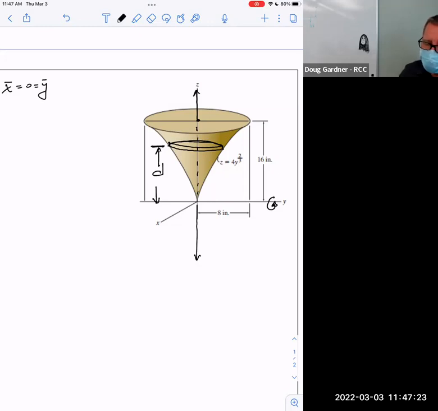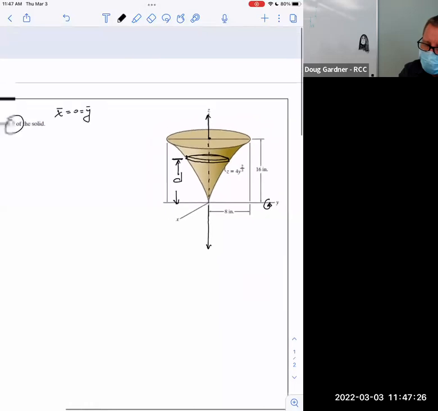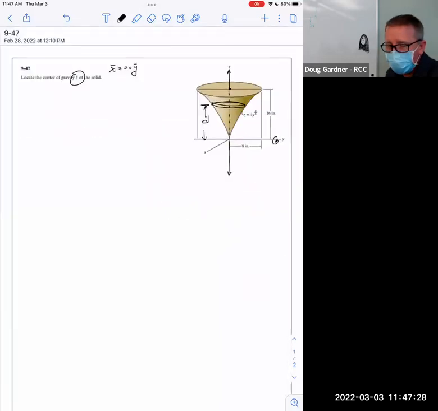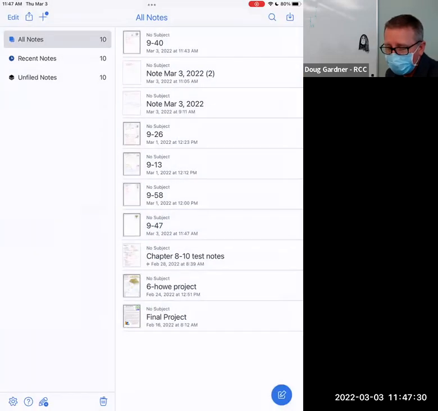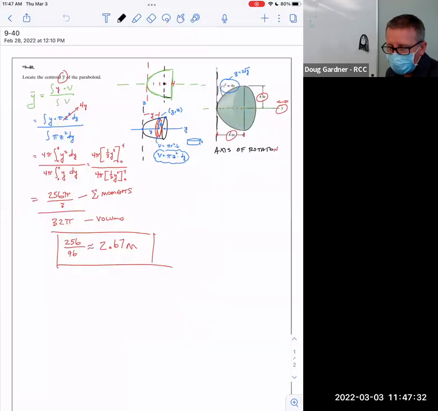See if you can formulate the integral for this. And what I'm going to do, since you have the paper in front of you, is go back to the previous example, just in case you want to try to do it without looking at this.